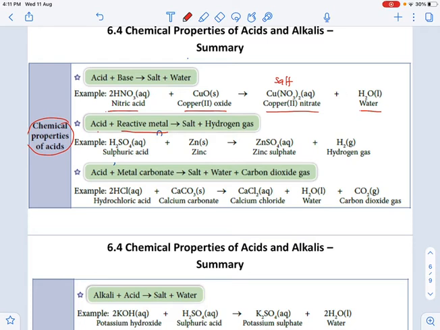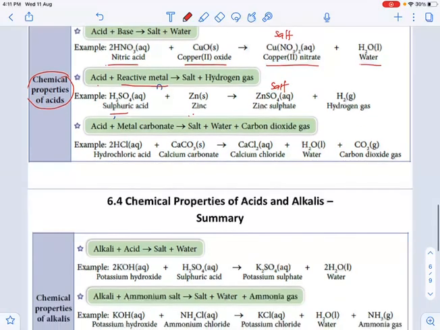The example is sulfuric acid reacting with zinc to form zinc sulfate, which is a salt, and hydrogen gas. And third, acid reacts with metal carbonate to form salt, water and carbon dioxide gas. The example is hydrochloric acid reacting with calcium carbonate to form calcium chloride, which is a salt, water and carbon dioxide gas.